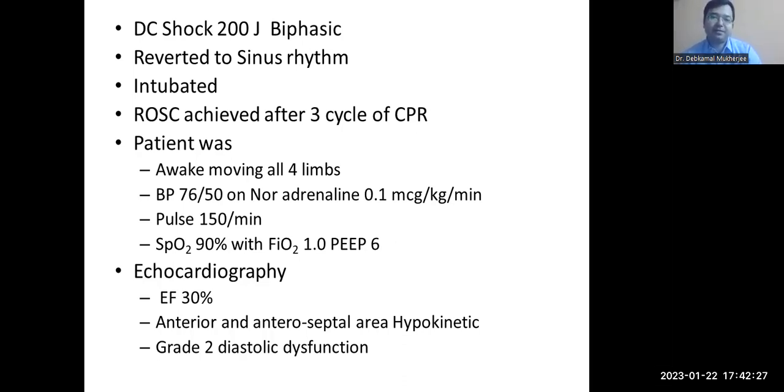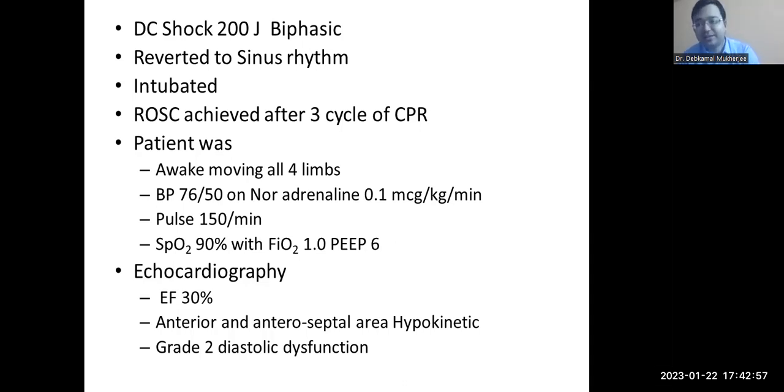When it is a shockable rhythm, we will deliver a shock of 200 joules. Before delivering the shock, you have to prepare the defibrillator, so during that time we will initiate CPR, starting cardiac massage. When the defibrillator is ready, we deliver the shock as early as possible, and after that we continue CPR for another 2 minutes.